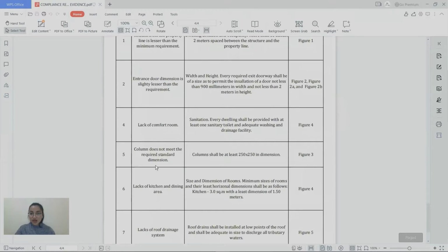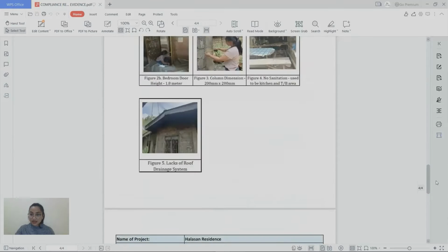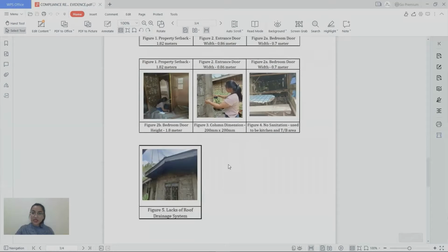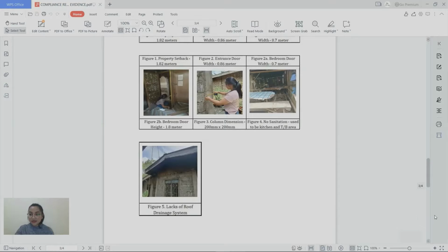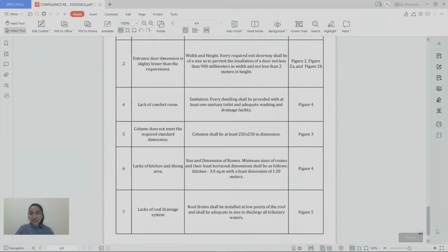And then we have here, the column does not meet the required standard. The column shall be at least 250 by 250 millimeters in dimension, yet the house has only a column dimension of 200 mm by 200 mm. And then the lack of kitchen, dining area, and the lack of comfort room.